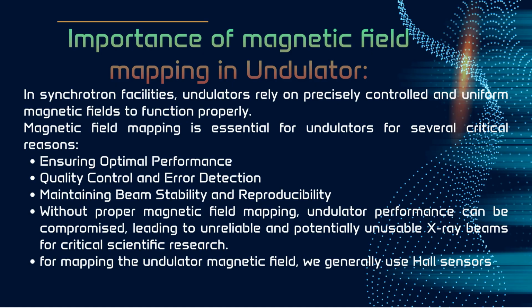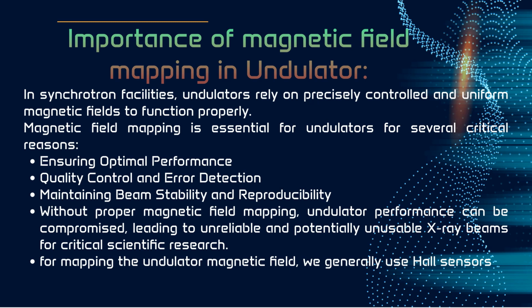As we discussed magnetic field and mapping of magnetic field in undulators, what is the importance? In synchrotron facilities, undulators rely on precisely controlled and uniform magnetic fields to function properly.